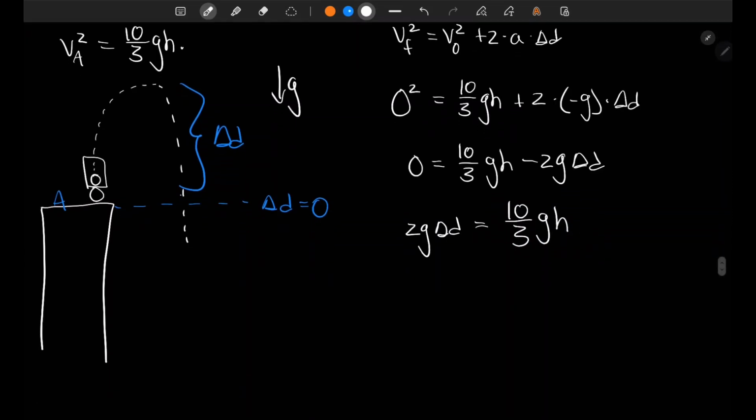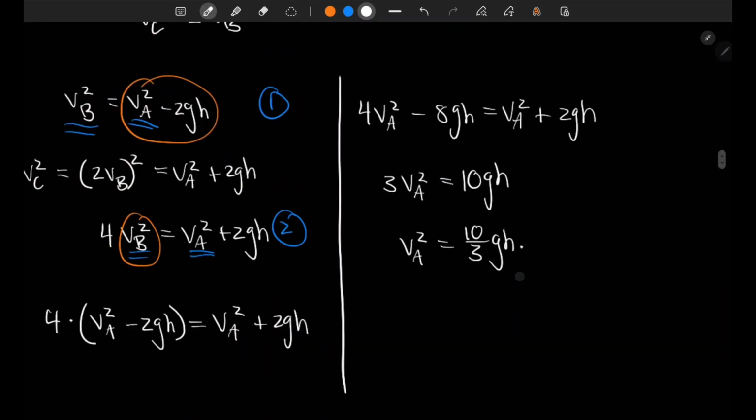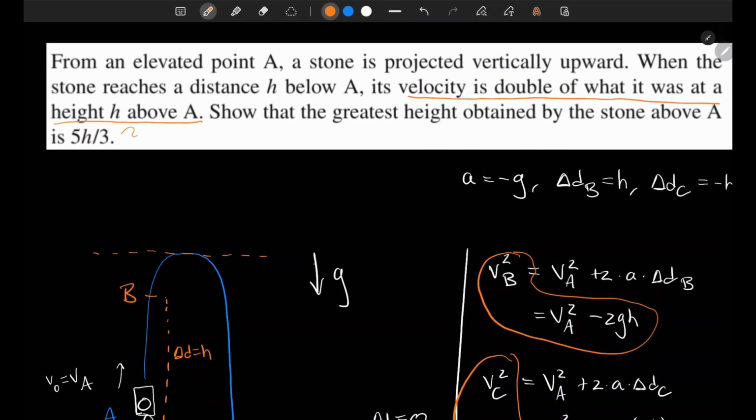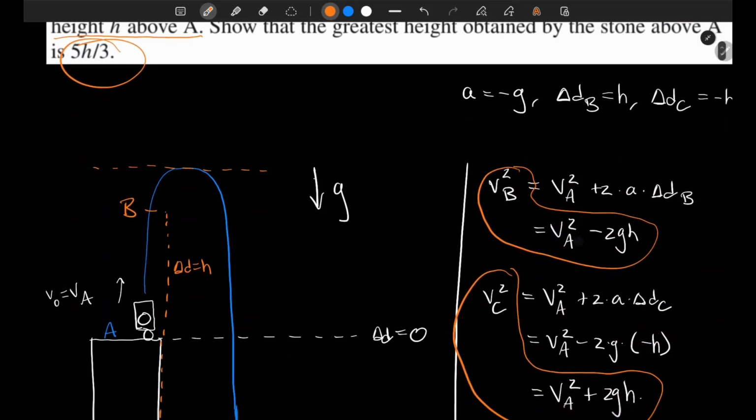Then we see that we can cancel this g on either side, and we can divide by a 2. So if we divide by 2, that becomes 10 over 2, which is 5. So the final displacement is equal to 5 over 3 times h, which is exactly what we wanted, right? That's exactly the answer that it told us to find.